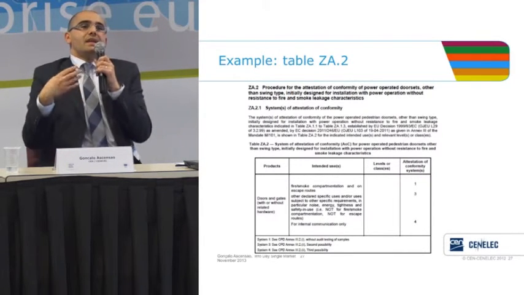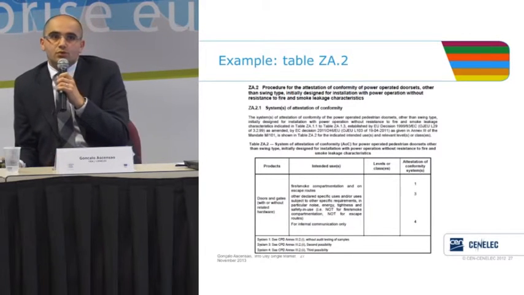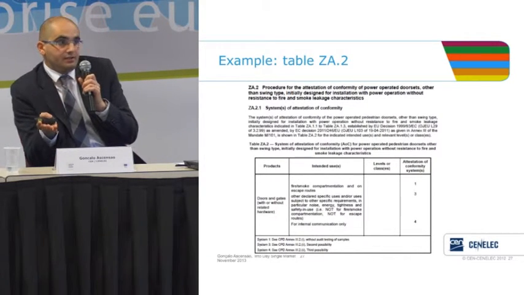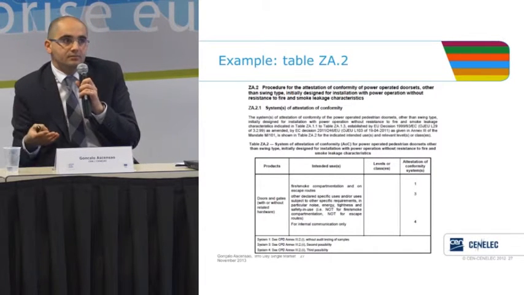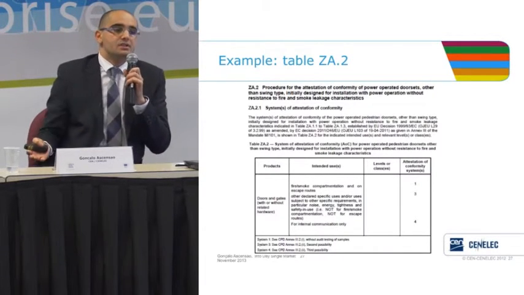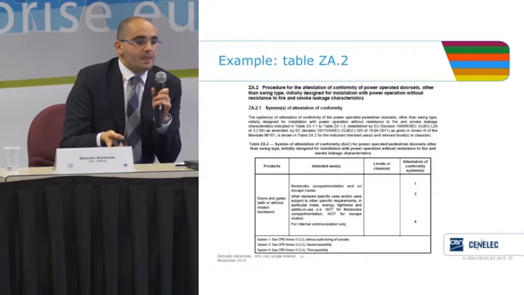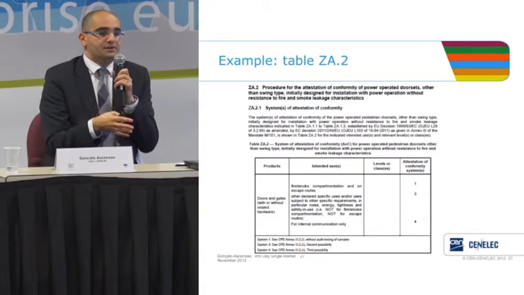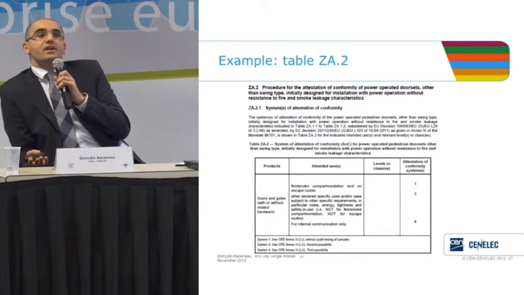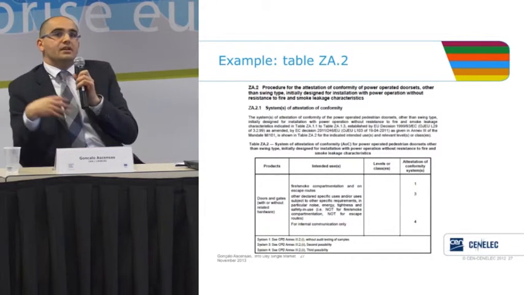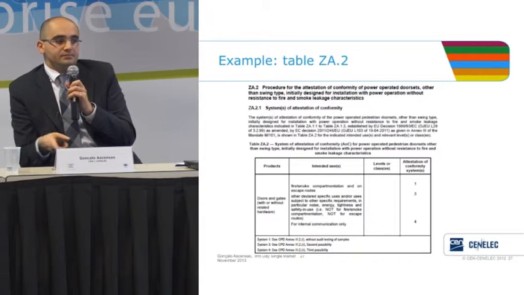So depending on what is the intended use that the manufacturer is declaring, he will use a different system. So if he uses, in this case, a door for internal communication only, there is no need to have a third-party intervention in the system.